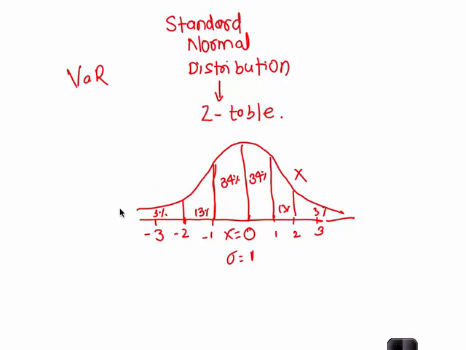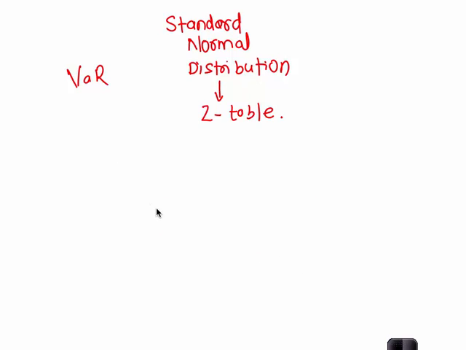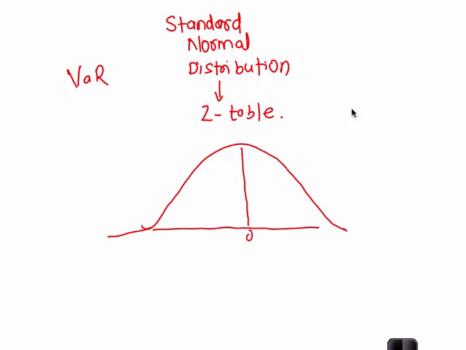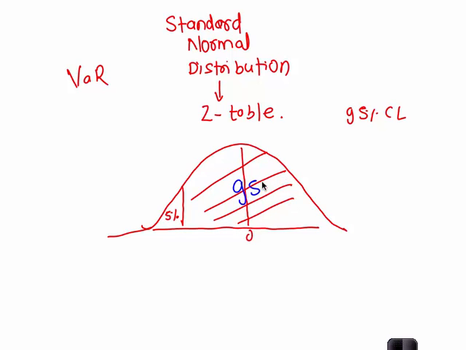So with value at risk, let us say you want to calculate a 95% confidence level. What you essentially want to do is leave 5% on the left tail and you want to have 95% in the right.